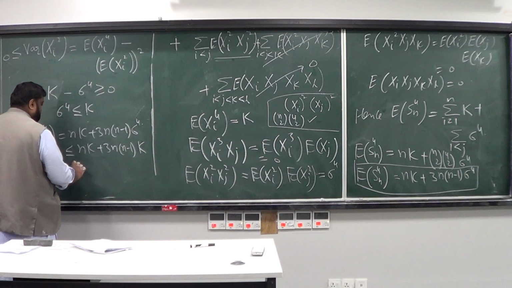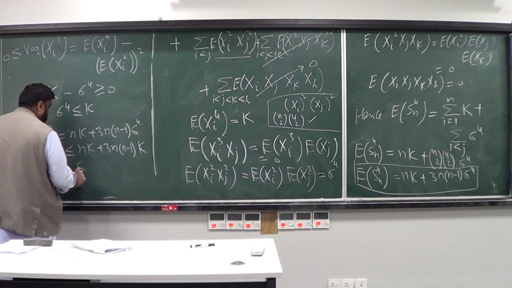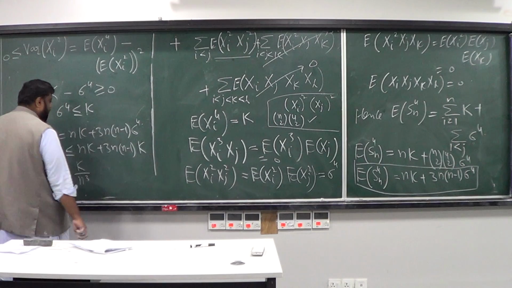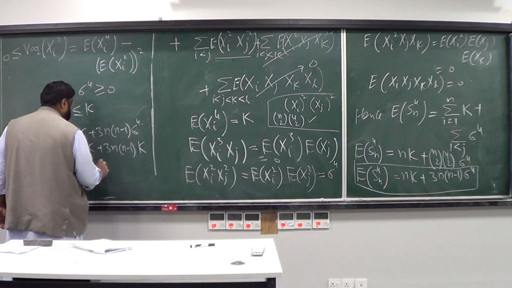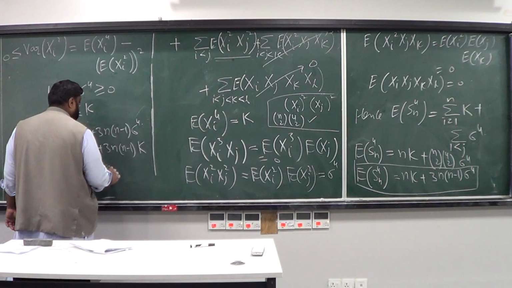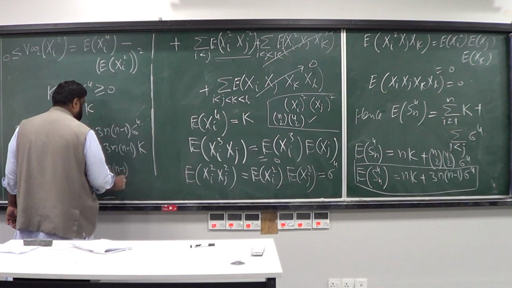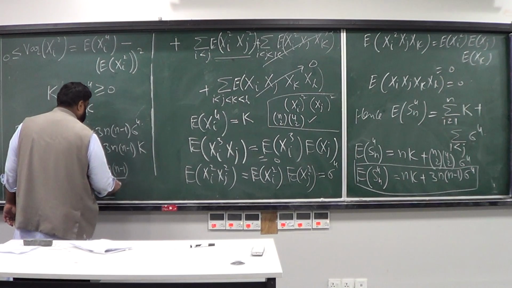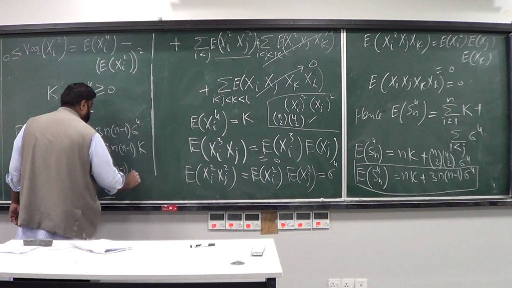So I'm going to have k over n cubed plus 3 times n minus 1 divided by n to the power 4 times k.